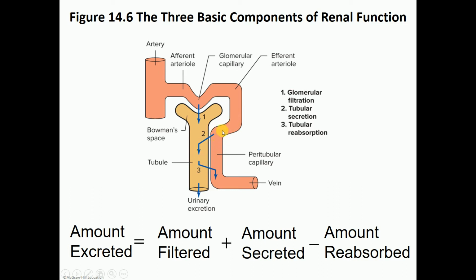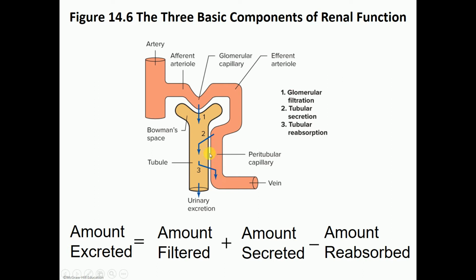So tubular secretion happens in the direction from the peritubular capillaries into the tubules. While things that we need, we do not want to lose all of that glucose and amino acids and vitamins and so on that were filtered out. We want to reabsorb them back into the circulation, and that process is known as tubular reabsorption.